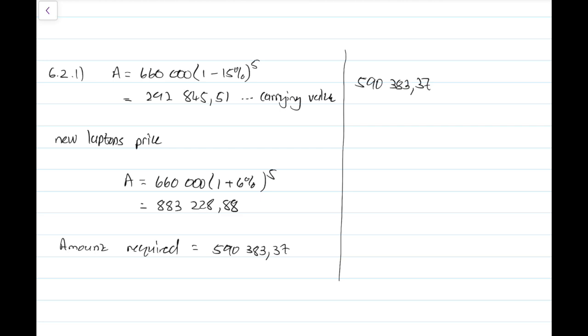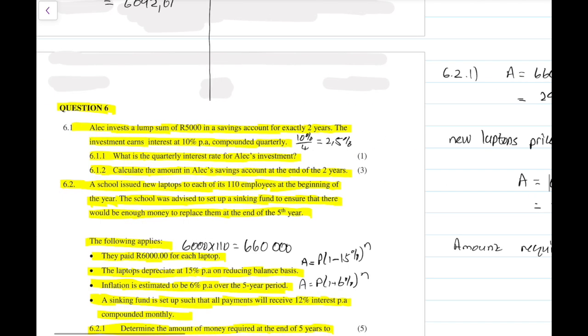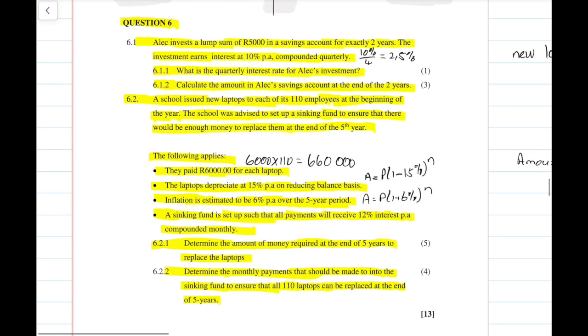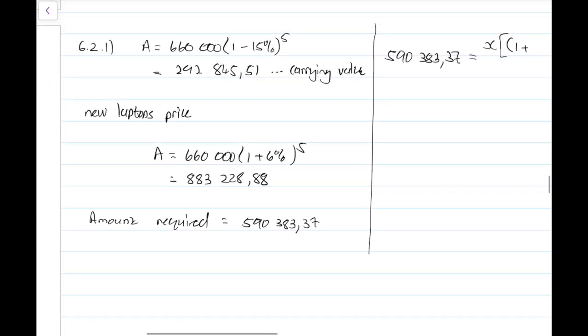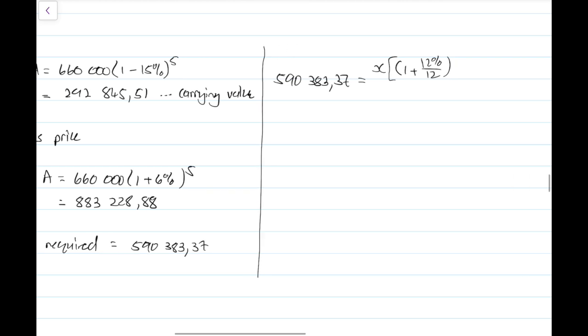with monthly deposits of what we are unsure of, into 1 plus an interest rate. The interest rate that they told us is 12% per annum compounded monthly, to the power of 5 times 12, minus the 1, all over 12% over 12.